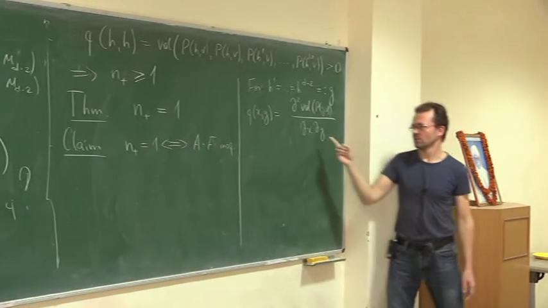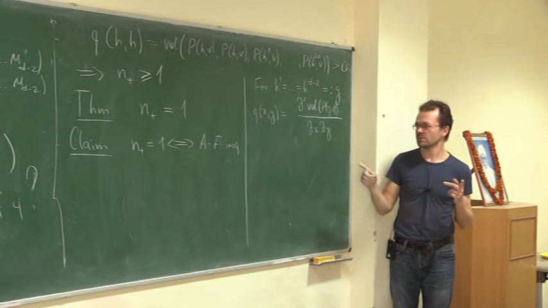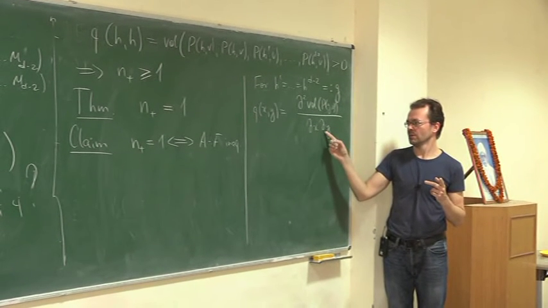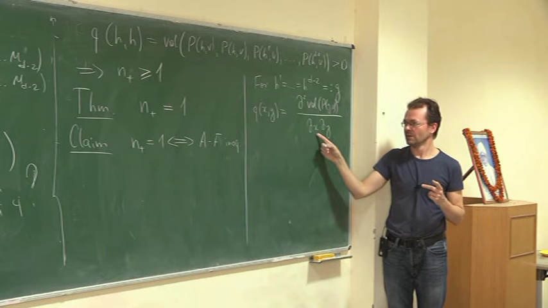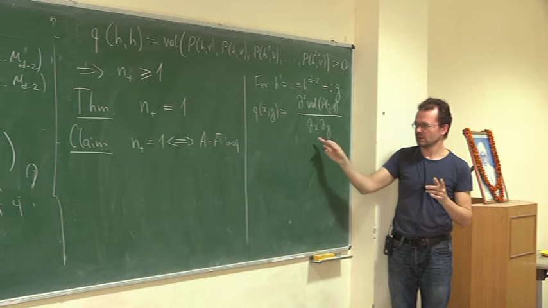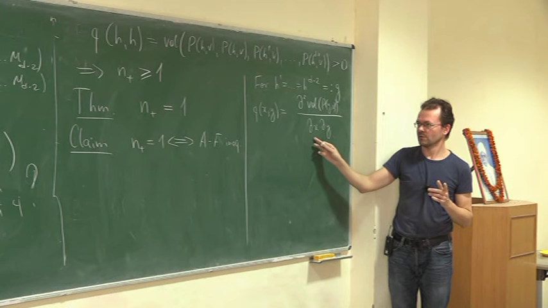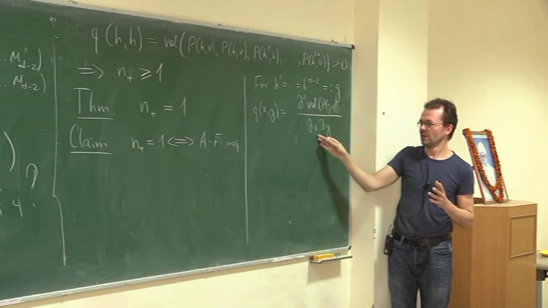So now x and y are not real variables, x and y are both vectors, so I'm taking a directional derivative in one direction and then a directional derivative in the other direction. I state it again without proof, but the proof follows from the multilinearity of mixed volumes.